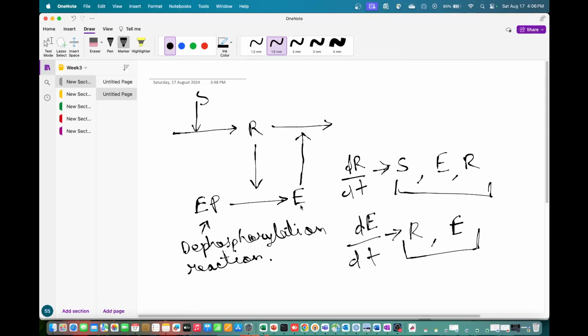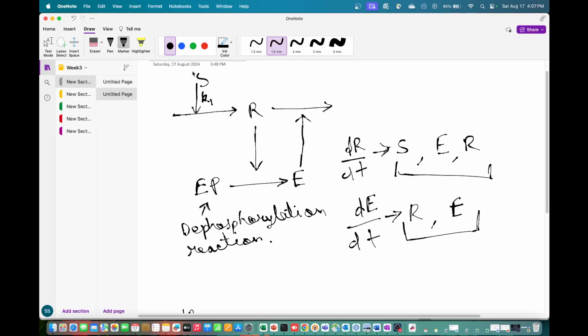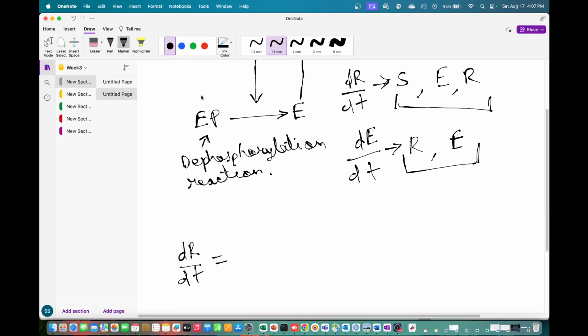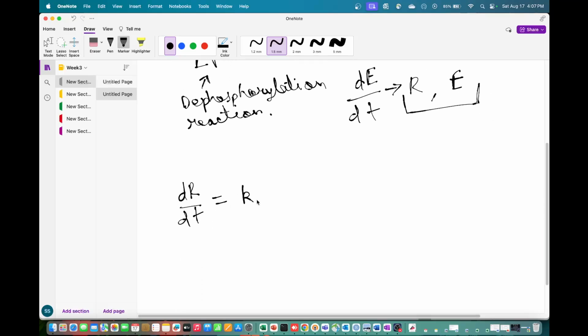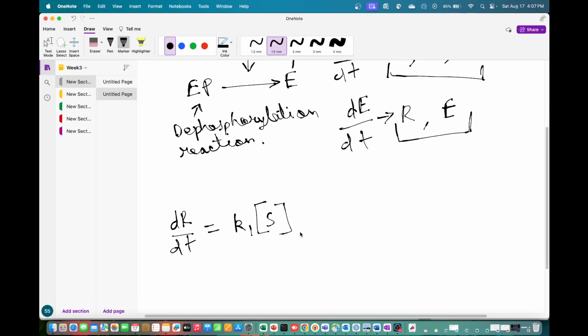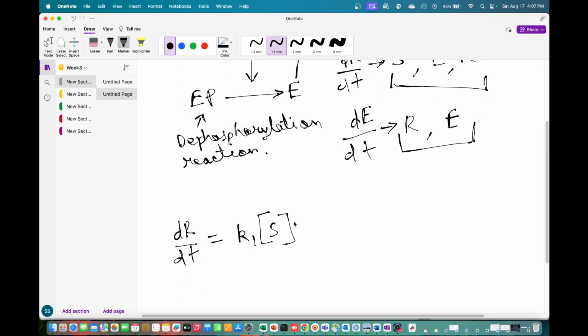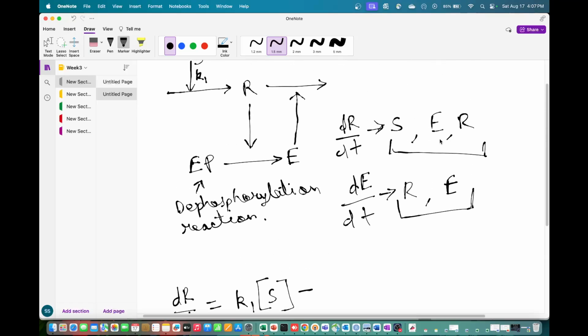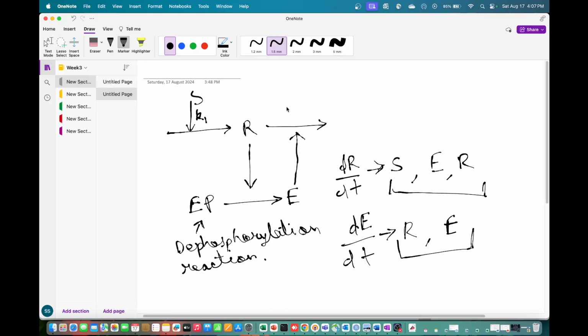R is positively regulated by S, and if this reaction is going on at a rate of K1, then R is positively getting induced by S, so this one will be K1 times S, because S is positively regulating R, so positive sign, K1 times the concentration of S. Now for R itself, let's term this as K2.